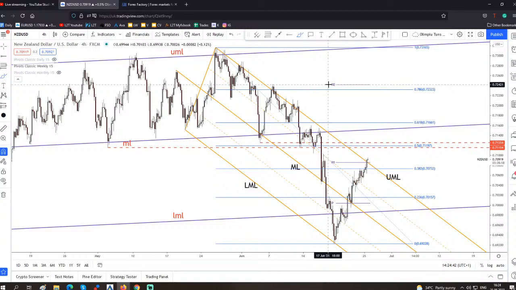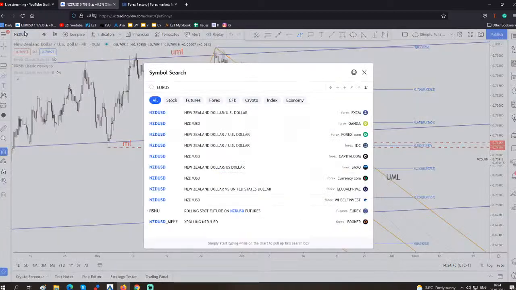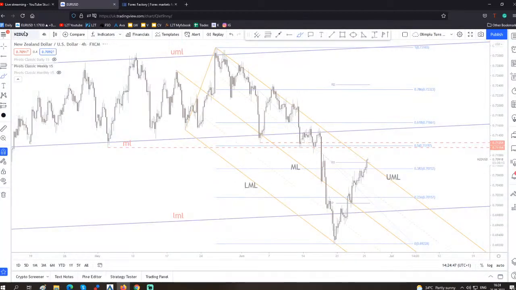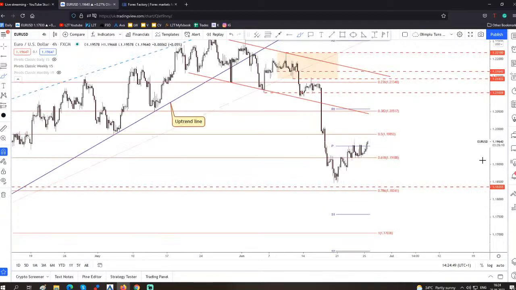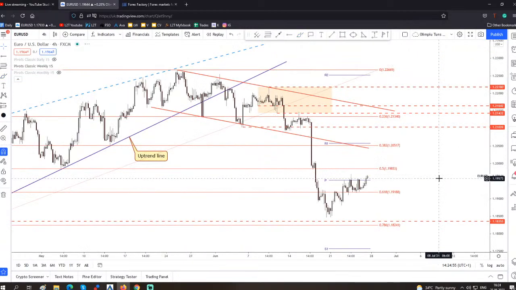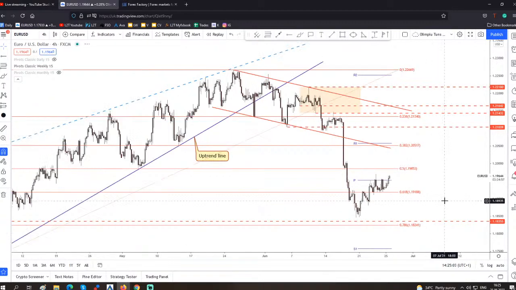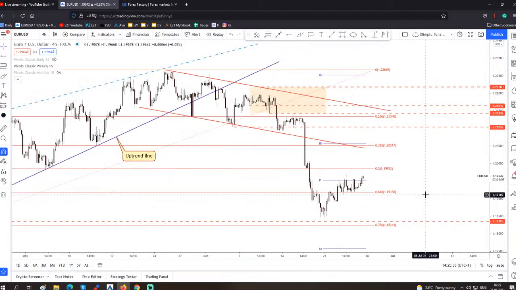Okay, so let's take a look on the euro versus the US dollar right now. So right now the price of the euro versus the US dollar is back above the weekly pivot point, above 1.1952. So the buyers are still strong.